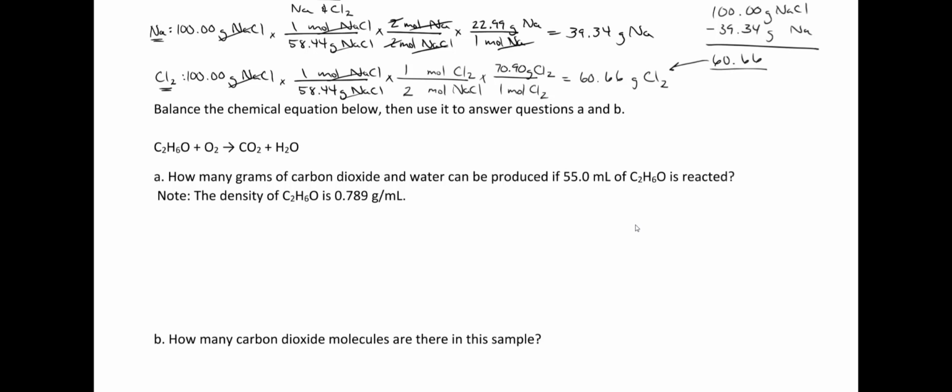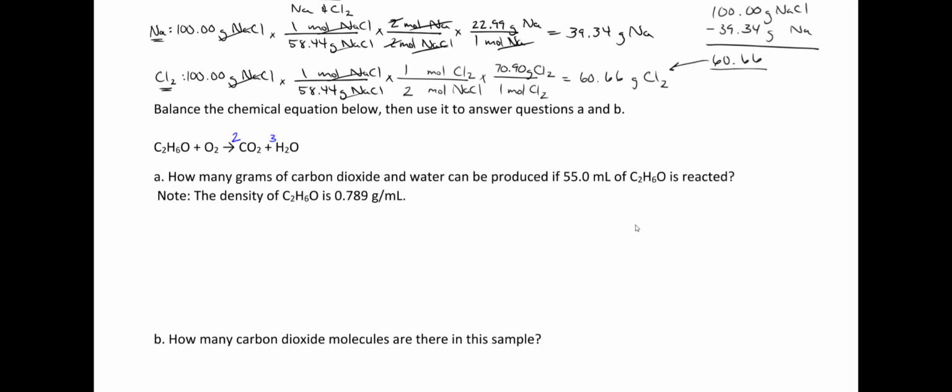So let's balance. I've got 2 carbons here, so I'm going to put a 2 here. I have 6 hydrogens, so I need 2 times 3 there. And now I want to balance oxygen last because it's the only free element. So I have 1 plus 2, I have 3 here.